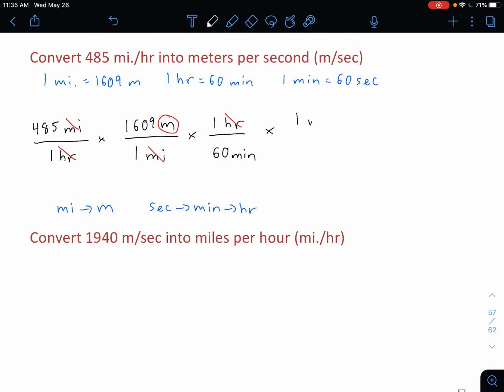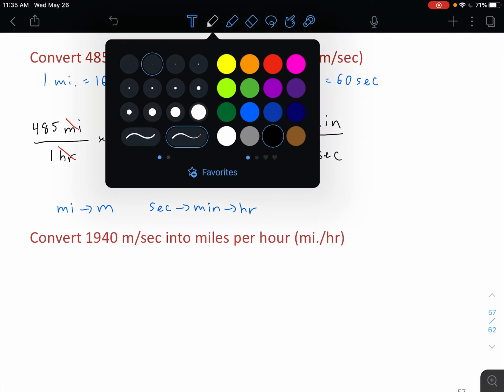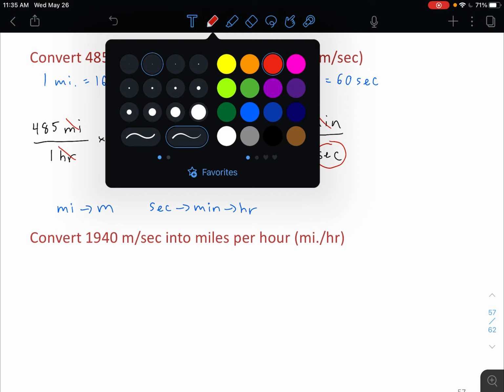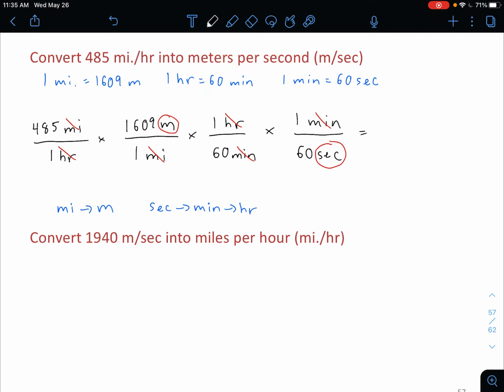Then I don't want minutes, I want seconds, right? So 1 minute over 60 seconds. Same story here. Minutes cancel minutes. And I'm left with seconds. So what I'm left with is meters per second. So that's good.